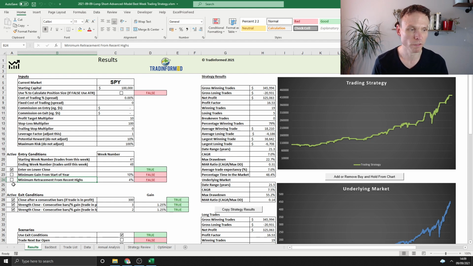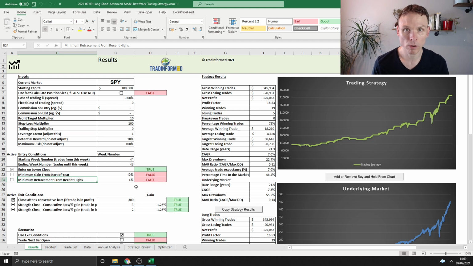Can be difficult to convince ourselves of that, but in this case the statistics back that up. So minimum retracement from recent highs. What that means is the closing price should be no greater than 4% lower than recent highs. Now, I've defined recent highs as a high price over the past 45 days, which is really 2 trading months.